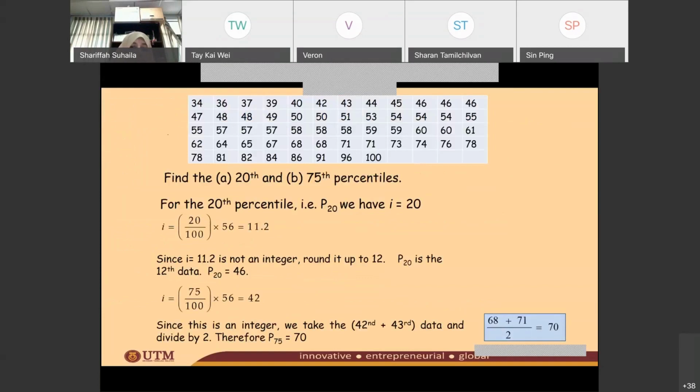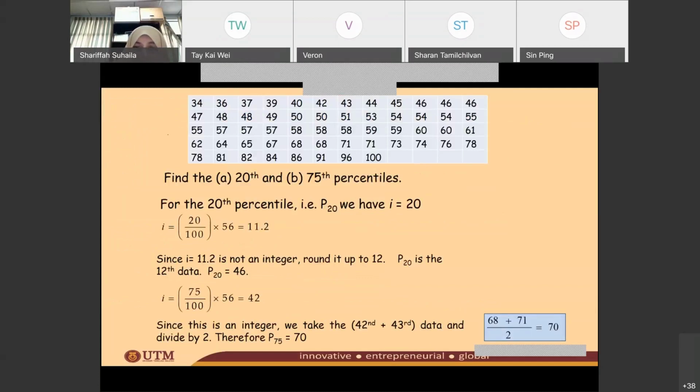For example, let's say we have this kind of data set. Okay, you want to find the 20th and 75th percentile. Okay, so first P20. This is the same thing.